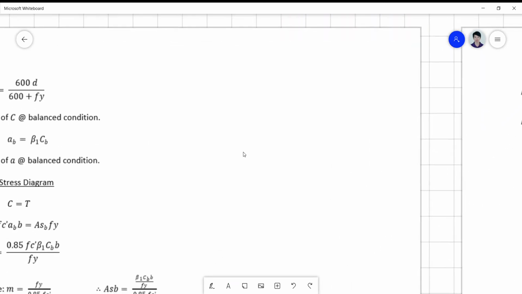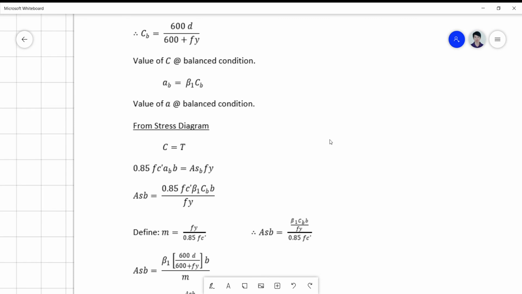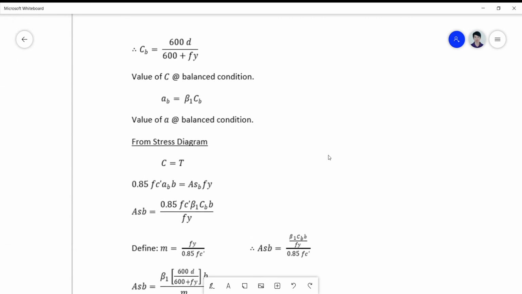And then we'll yield the value of Cb, which is 600d all over 600 plus Fy, when we substitute Es equal to 200,000 megapascal.